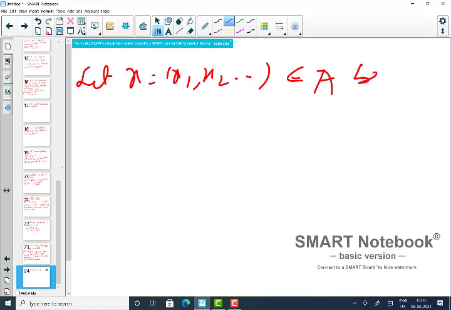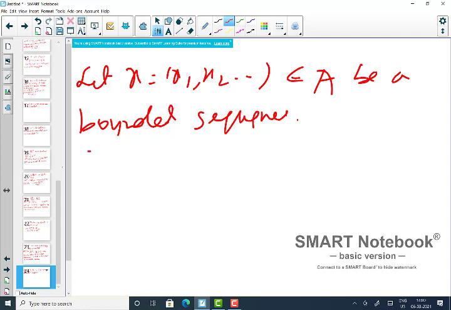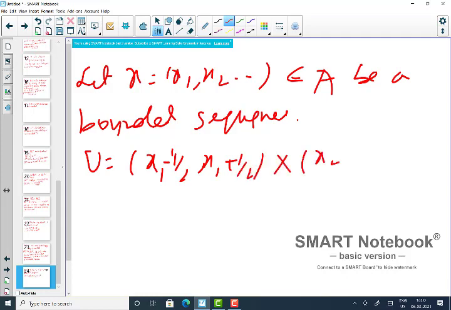A bounded sequence, and then we will show that there exists an interval. So this is an interior point of A means what? There exists an interval which is totally contained inside A. Then you are done, right? And that's obvious. Then you choose the interval U of this form: x1 minus half to x1 plus half, then cross x2 minus half to x2 plus half, and so on.